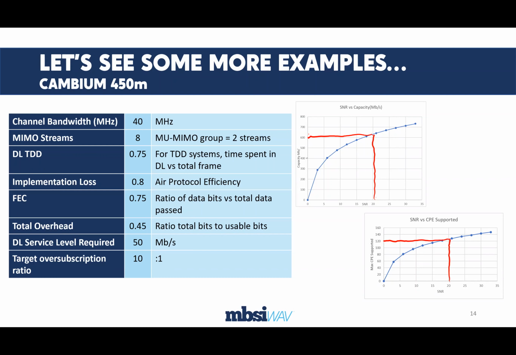So MU MIMO makes a huge difference in the efficiency of what I can get out of the sector. It drives my spectral efficiency up. And of course, I can support the higher level services, making sure that I've got the right queuing, the right QoS mechanisms in place. I can hit that 10 to 1 oversubscription ratio, and so that's the kind of performance that I could expect out of that sector.